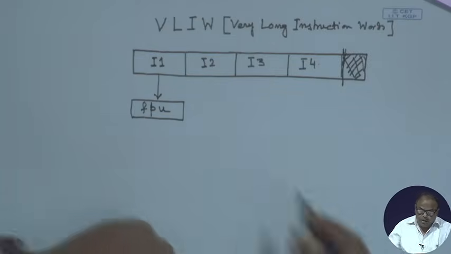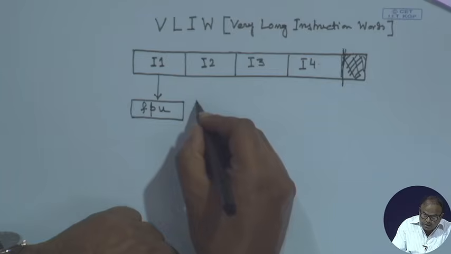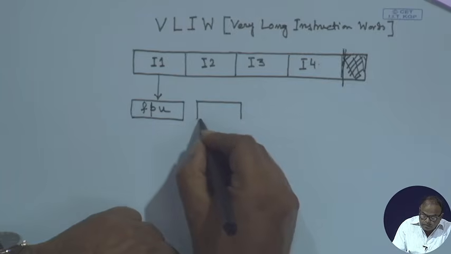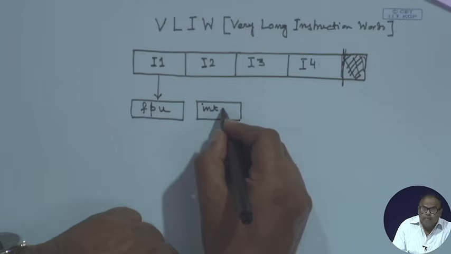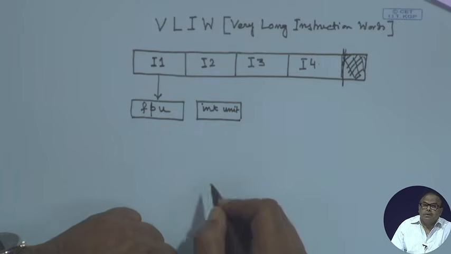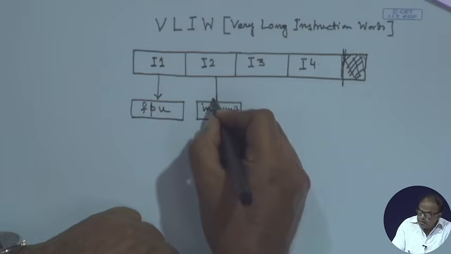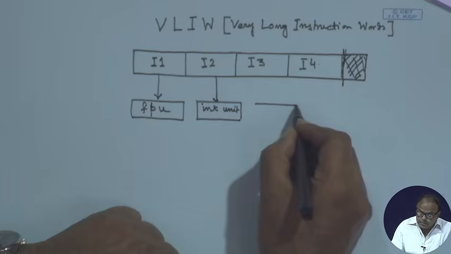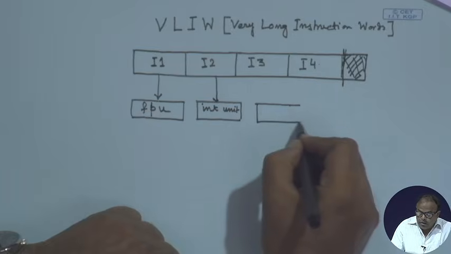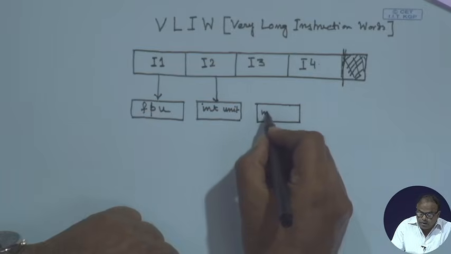This one goes to an integer unit. This one may be another integer unit. Integer unit means it is just doing the integer operation.